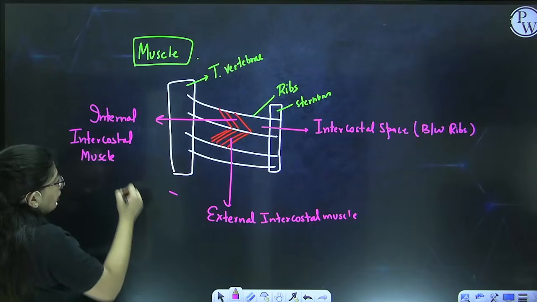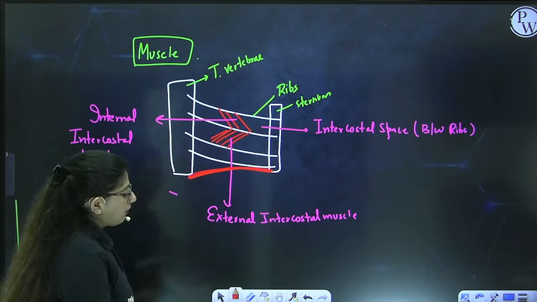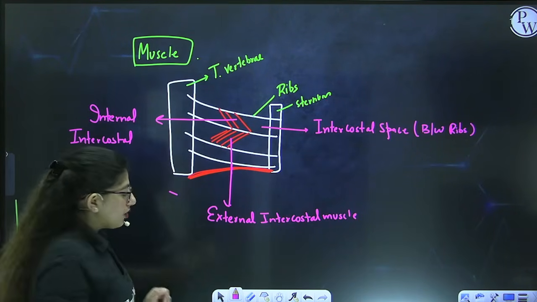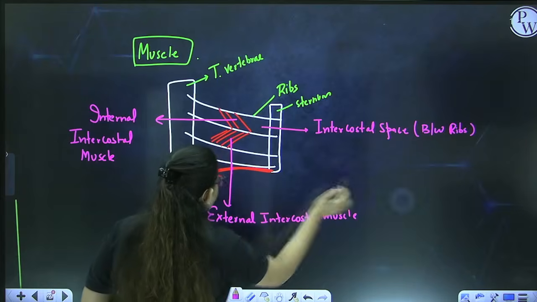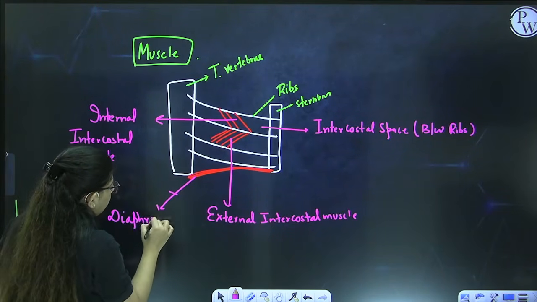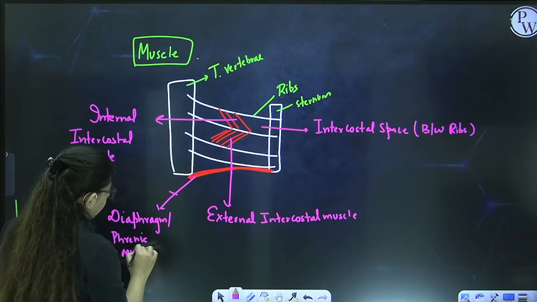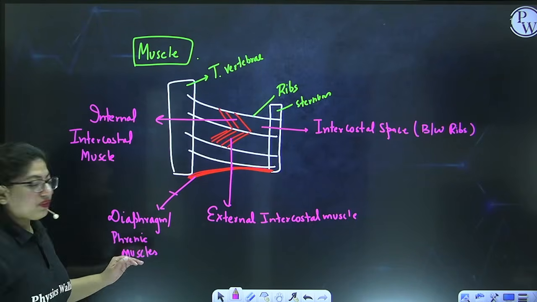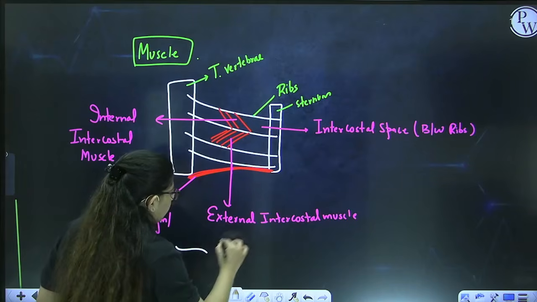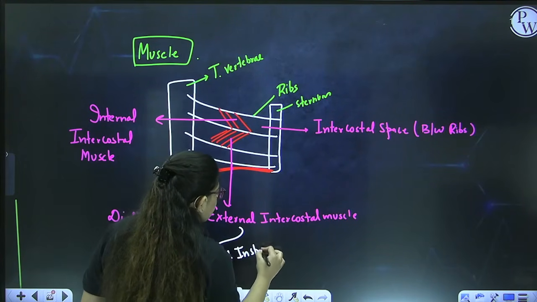Then we have the diaphragm, which is also a muscular flap-like structure. The diaphragm muscles are also important in inhalation. Diaphragm, or phrenic muscle, and external intercostal muscle are both responsible for normal inhalation or normal inspiration.